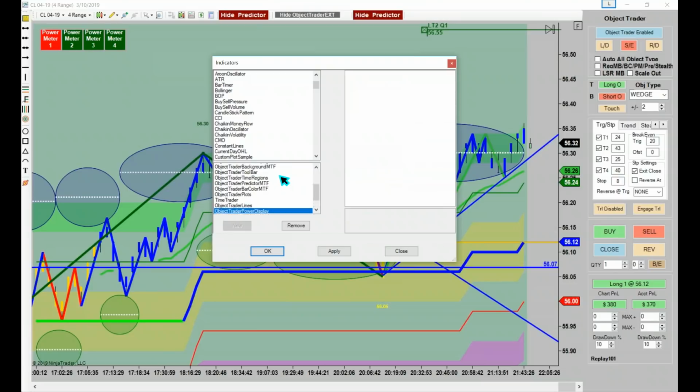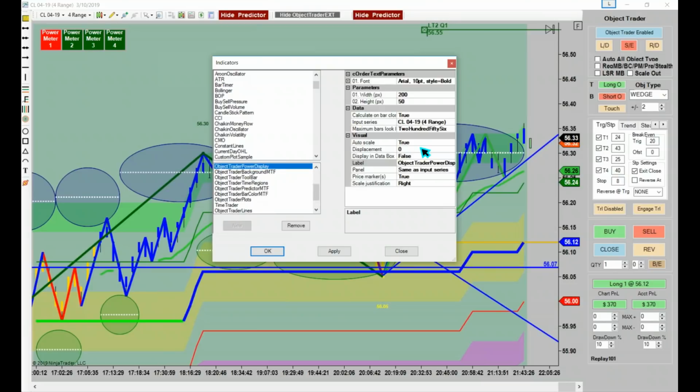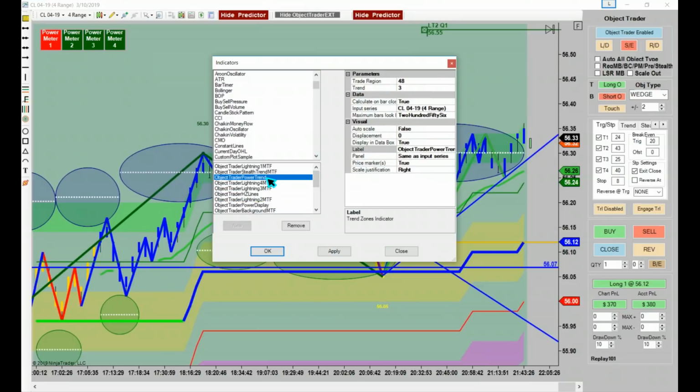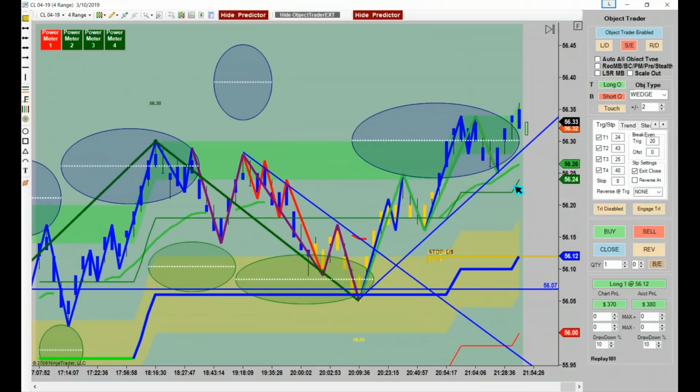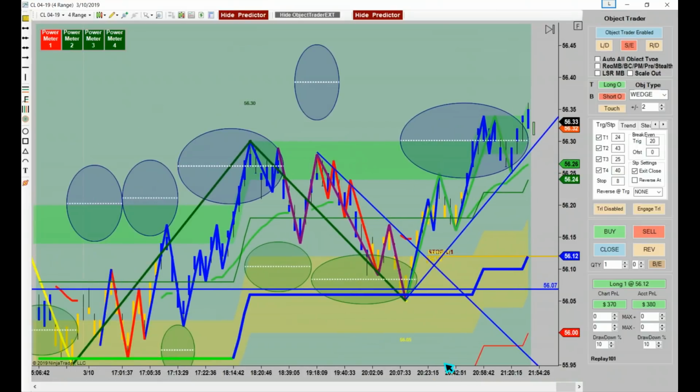No, that's Power Display, sorry. Power Trend. There we go. Yeah, we do have it in Ninja 8, though. I could actually have the programmer even fix it in Ninja 7 if you want to. We'll go ahead and add some more functionality to it. Okay. We can do that.